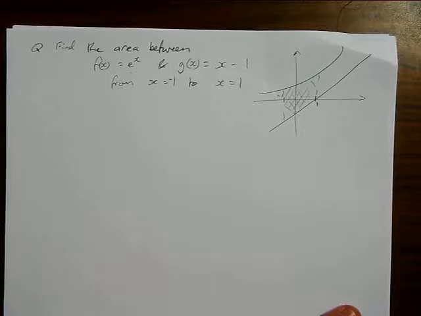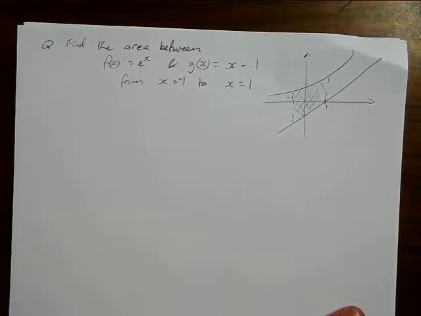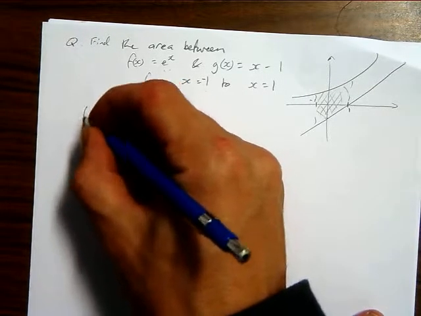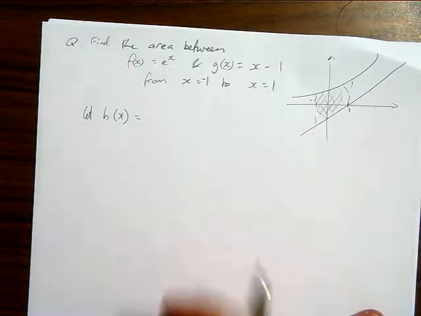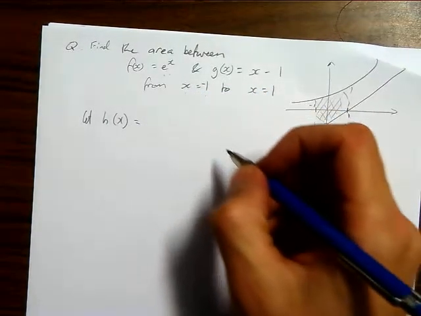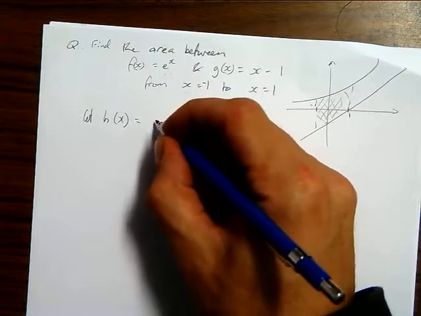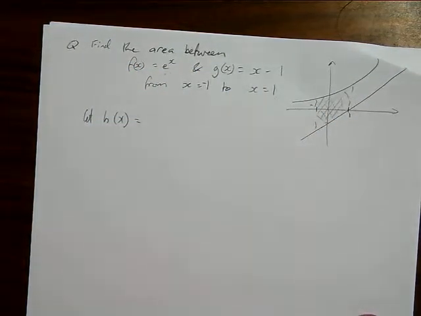But the way that I'm going to do it, the way I always do it to simplify it, is I'm going to add a new function, and I'm going to say, well, let's let h of x, if it's the area between functions, that's the difference of the areas. Okay, so h of x is going to be one of these functions take away the other function. Doesn't matter which one I take away from the other.